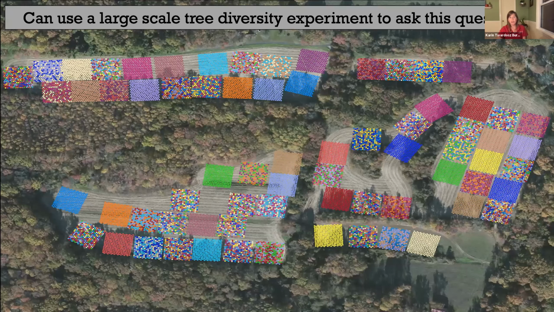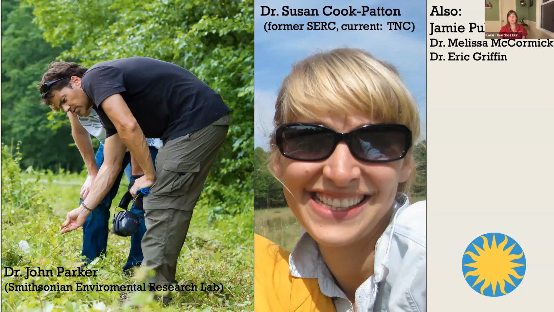I've been looking at this question within a large-scale tree diversity experiment. I think about each of these little diversity treatments as a yard, either a monoculture or a polyculture. This experiment was planted at the Smithsonian Environmental Research Center. Dr. John Parker and Susan Cook-Patton have been the leaders behind this.